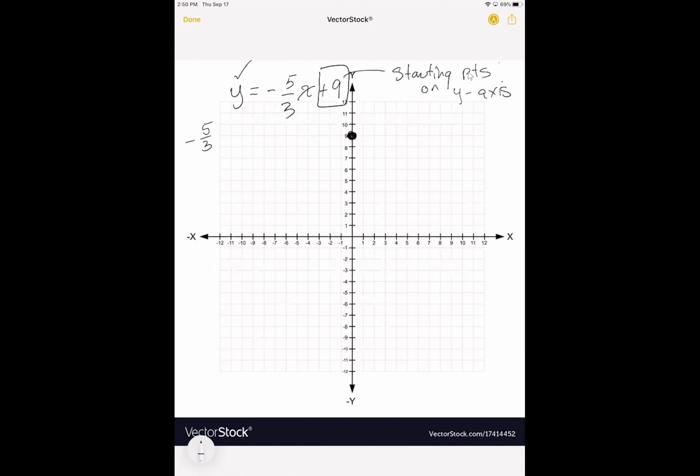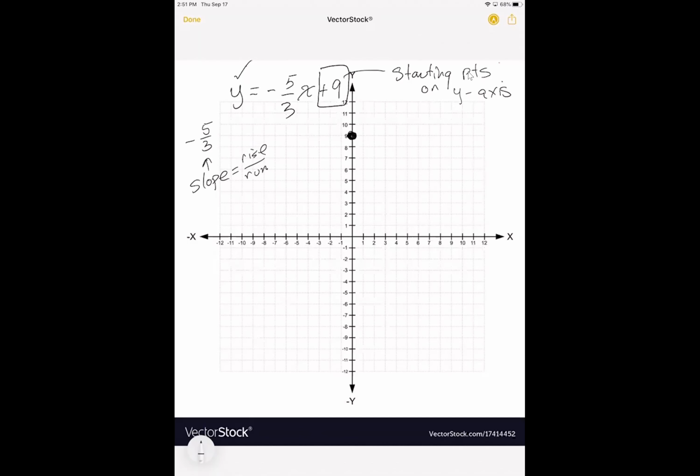And now, what does this number, -5/3, in front of x do? Well, -5/3, that is your slope. And the slope tells you rise over run, meaning it tells you that you either go up or down first and then left or right. So in this case, because of the negative, we want to go down 5 units.